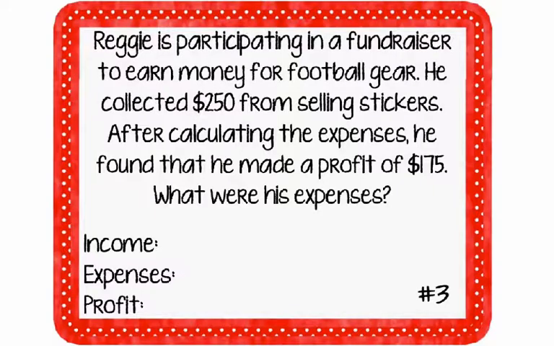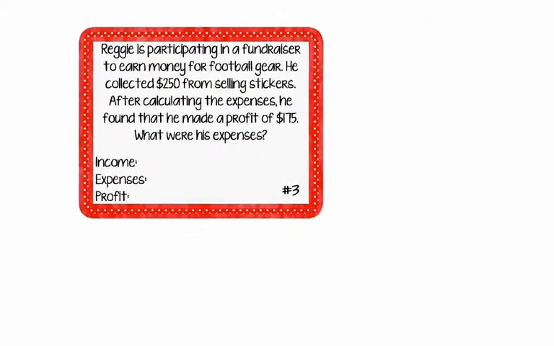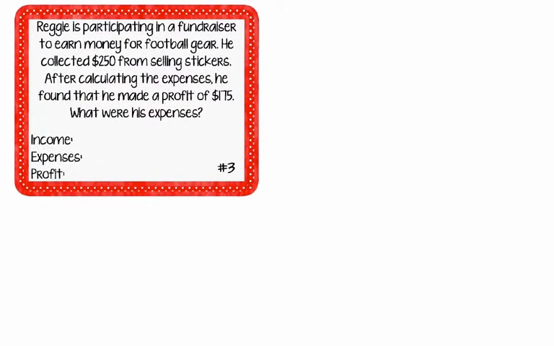Reggie is participating in a fundraiser to earn money for football gear. He collected $250 from selling stickers. After calculating the expenses, he found that he made a profit of $175. What were his expenses? Now this one's a little bit harder because it doesn't ask you to solve for the profit. But we do the same steps here.